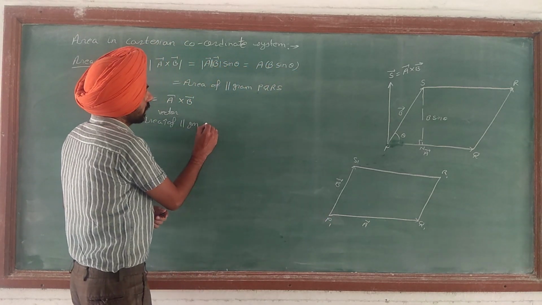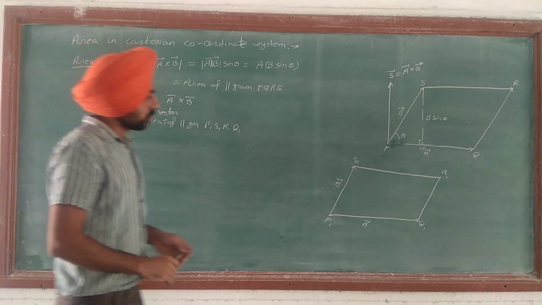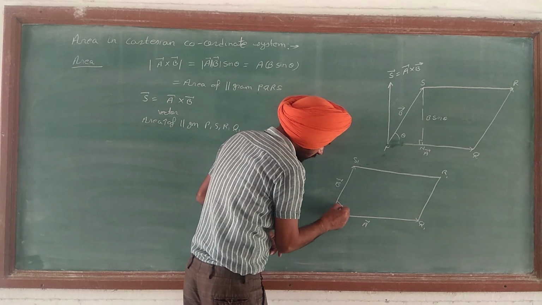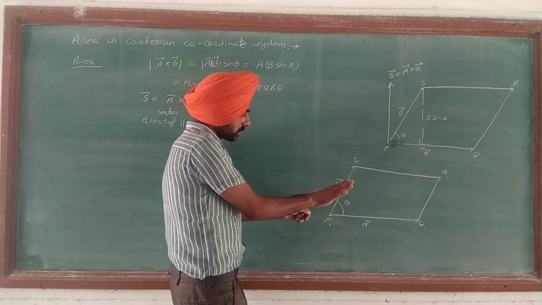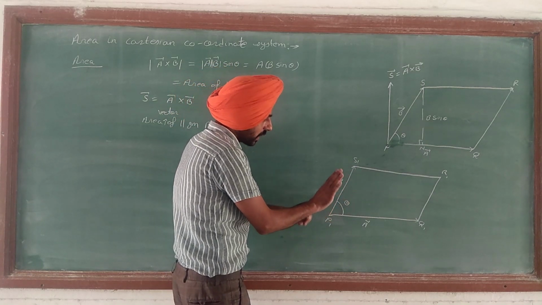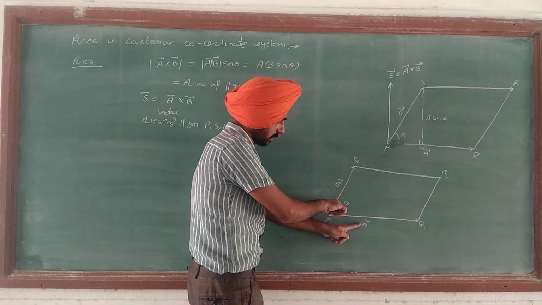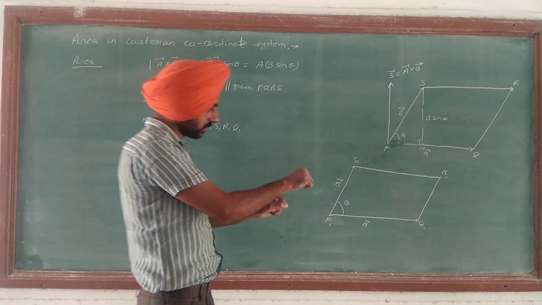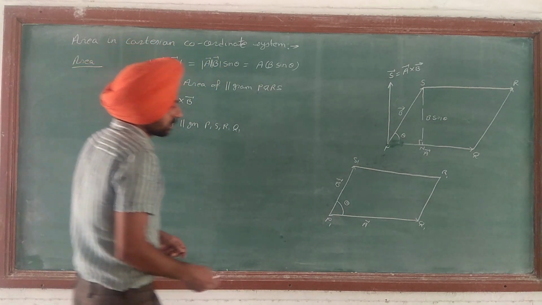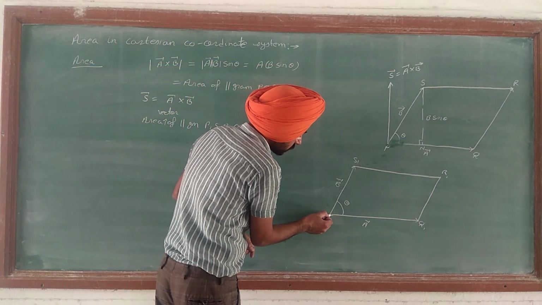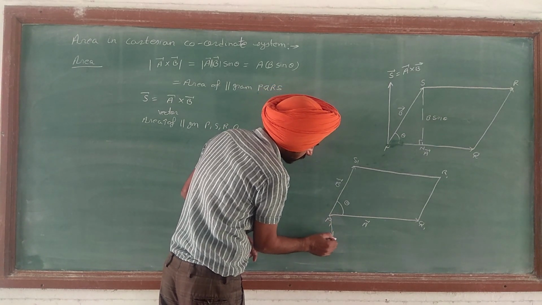For parallelogram P1 S1 R1 Q1, I am moving from B to A, so let the angle between B and A be theta. So the direction will be inward. I keep my hand on the vector B and rotate my fingers towards the direction of A. Then the direction of the thumb, which is inward of this plane, will represent the vector. So it's better if I denote it in this fashion, area vector S.